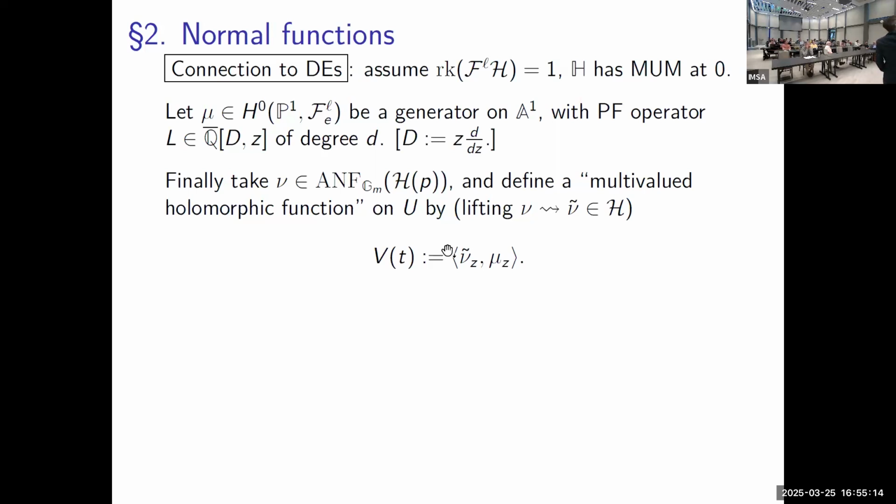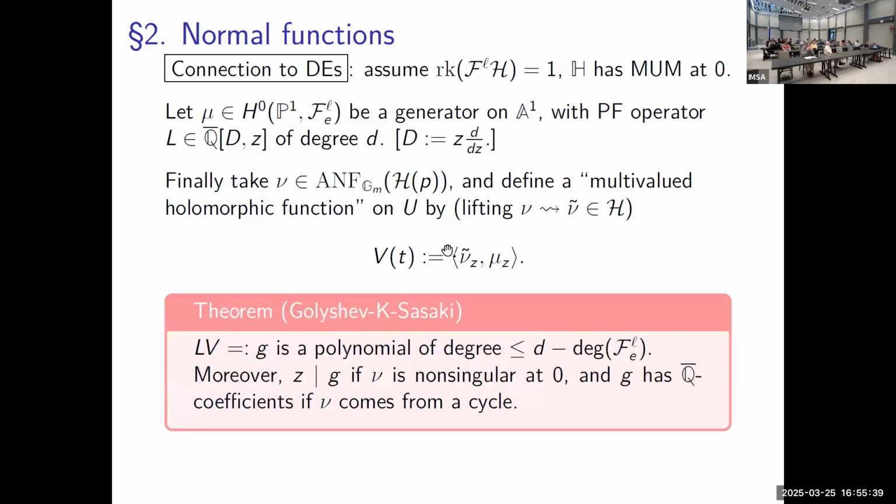Call that U tilde, and then I can pair that U tilde with the section of the Hodge line, which is like a family of holomorphic forms. So I'm pairing by these brackets, which is like wedge and integrate, essentially, over y. The lift of the normal function with the holomorphic form, and I'm calling that V of t. That's some multi-valued holomorphic function on U.